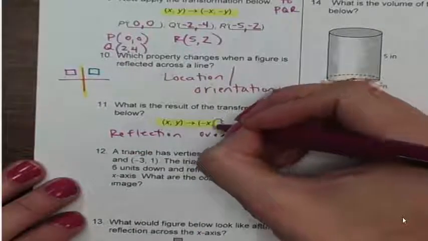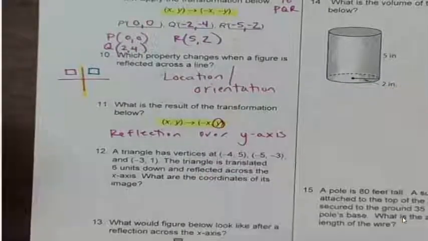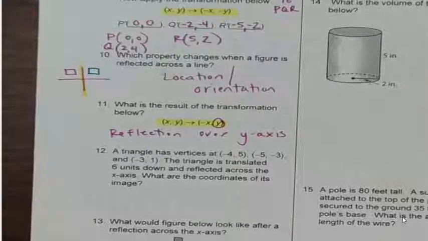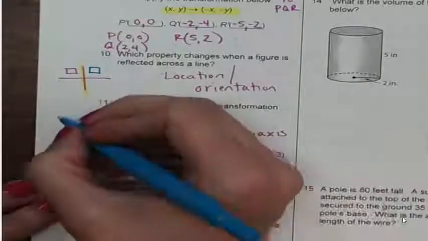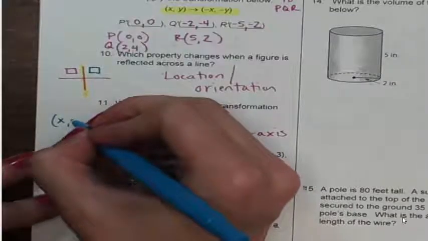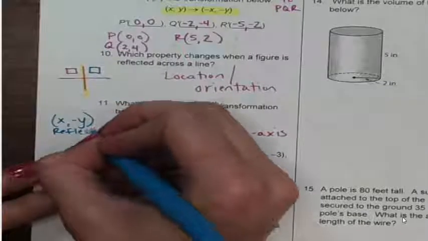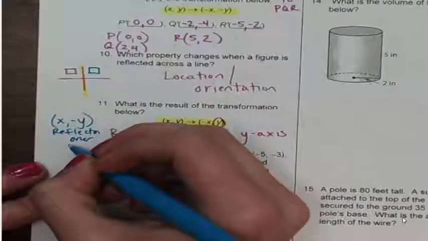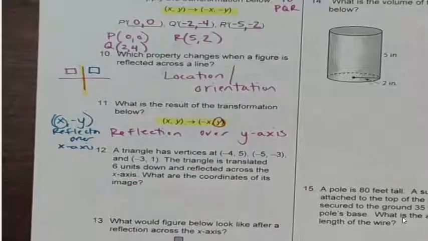You should have said the y-axis, because when the y doesn't change, that means it's a reflection over the y-axis. If it was this rule, where x stays the same and the y changes signs, it would be a reflection over the x-axis, because again the x stays the same, it doesn't change.